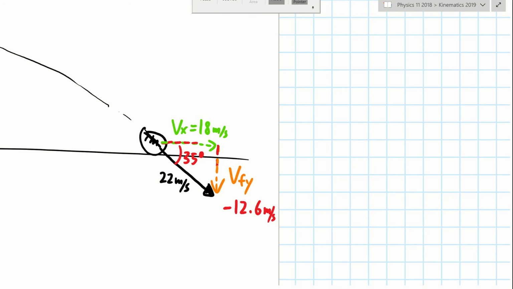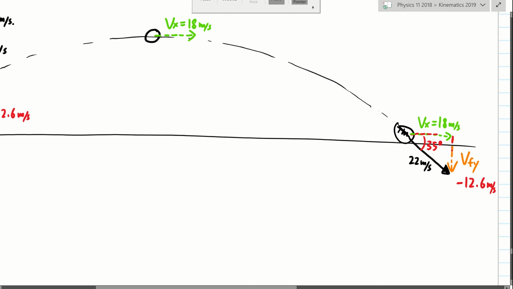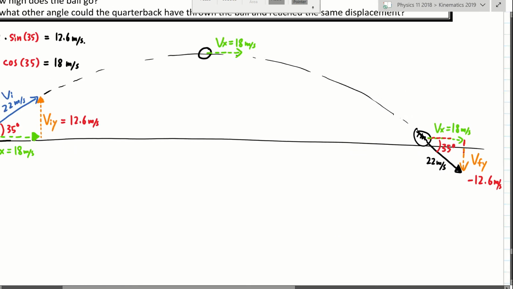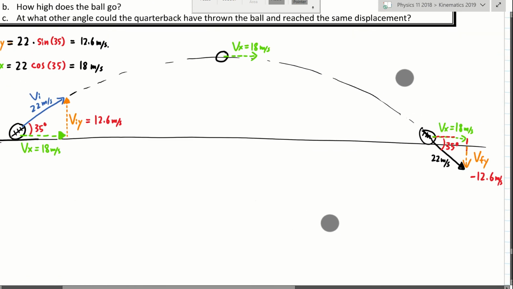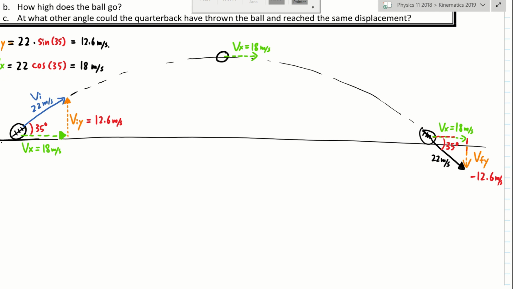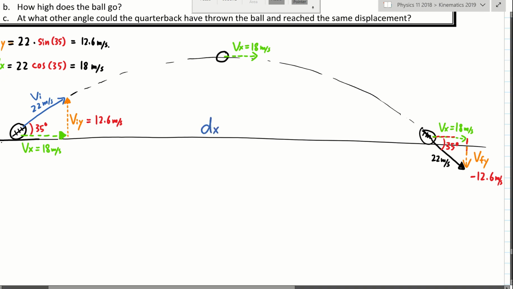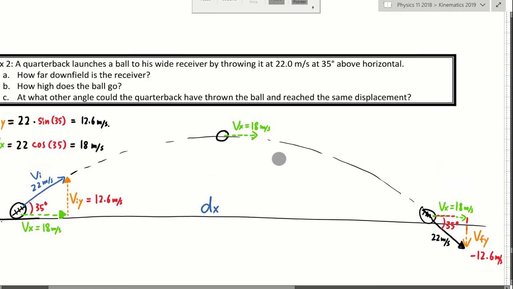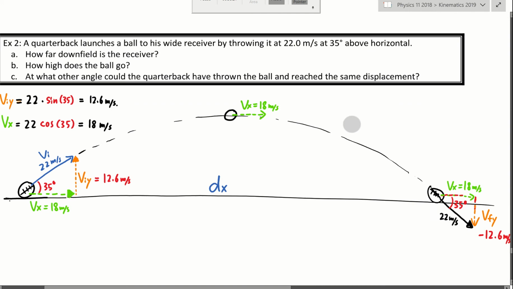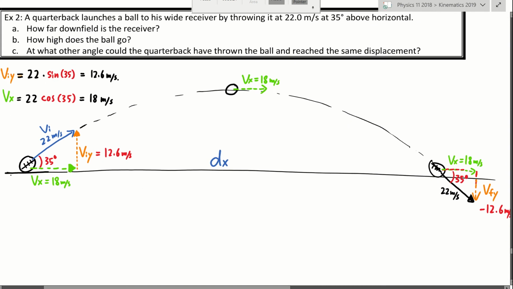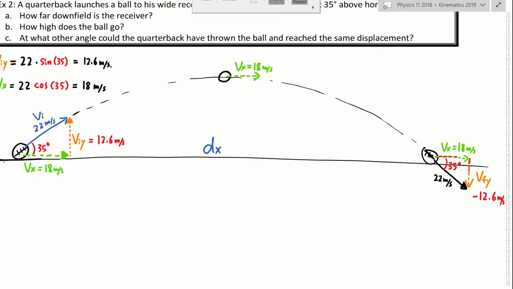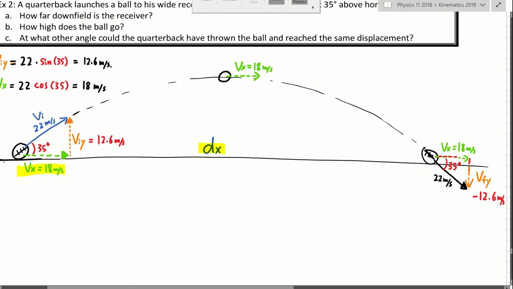Okay, so the first question, question A, is asking us for the range. How far downfield is the receiver? That is asking us for dx. But remember, we did the last question, and we know the procedure for getting this. In the last question, we actually had to get time first before we could get dx, because yes, we have Vx and it will be easy to get distance x, but we need time though.